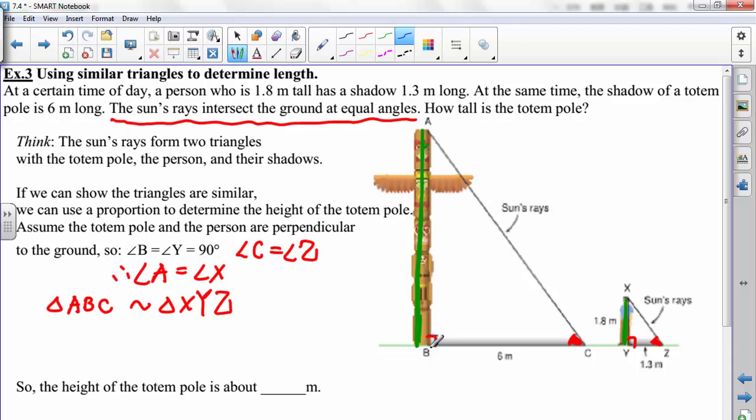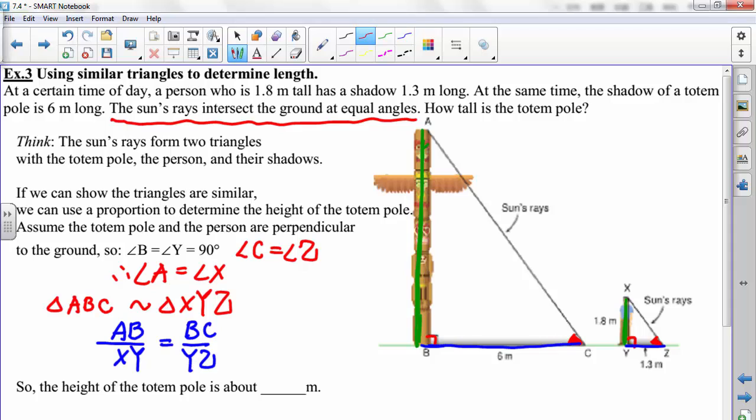The other pair of corresponding sides is the shadow. BC corresponds to YZ. Both of them are shadow lengths. They are a pair of corresponding sides. So based on these two pairs of corresponding sides, I can make AB over XY equal BC over YZ. So this is the proportion I can build.